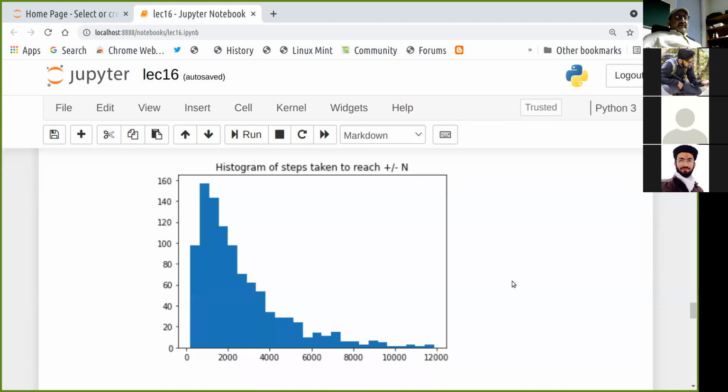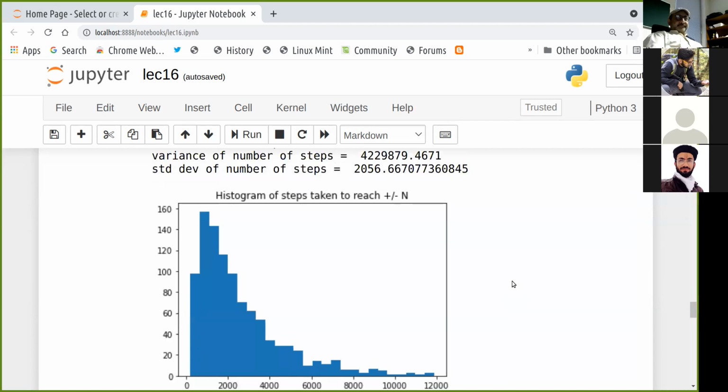And it looks something like this. If you're starting from 0, and you stop your walk when you reach either plus 50 or minus 50, then the minimum number of steps is going to be 50, right? You can't reach n equals minus 50 in 25 steps, for example.